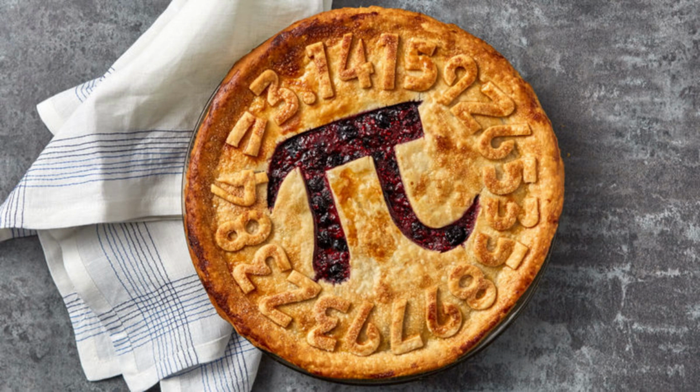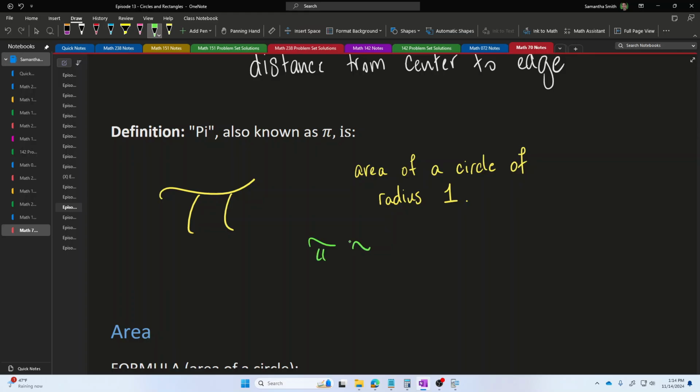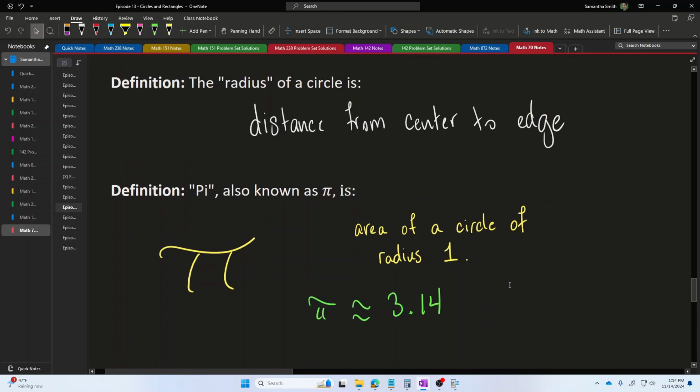And the value of pi is roughly speaking 3.14. The number pi has many more digits than that, but for most purposes, you can treat pi as being approximately 3.14. And this pi shows up very often when we're doing calculations involving circles. Pi is the area of a circle of radius 1.